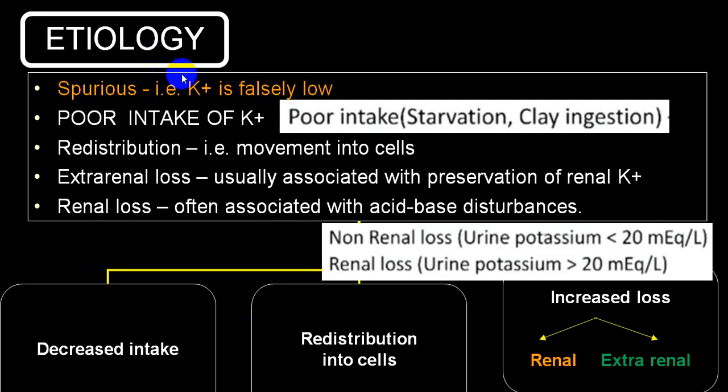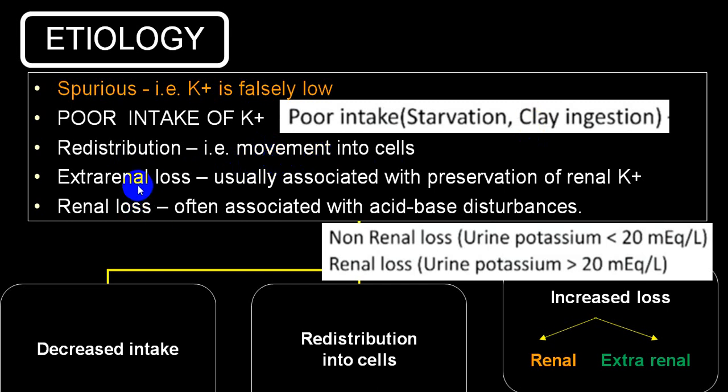So etiology we can divide into spurious, which is pseudo hypokalemia, and poor intake of potassium, very commonly in starvation or a person who has abnormal eating habits of clay, which we call pica. Redistribution is because of movement of potassium inside the cell.